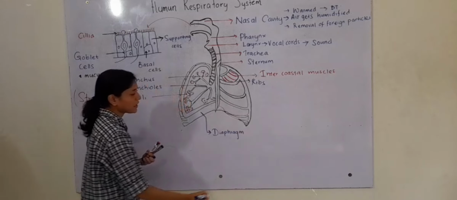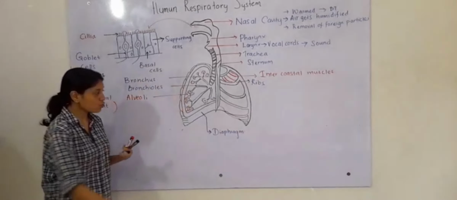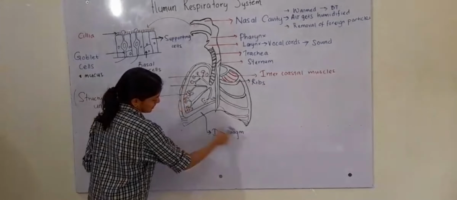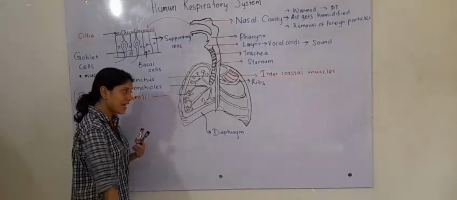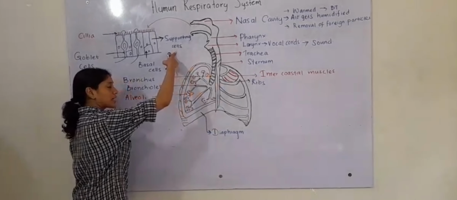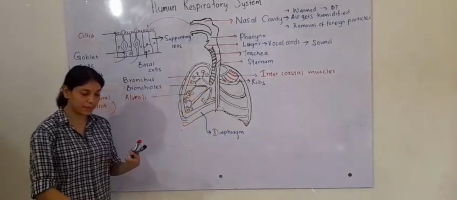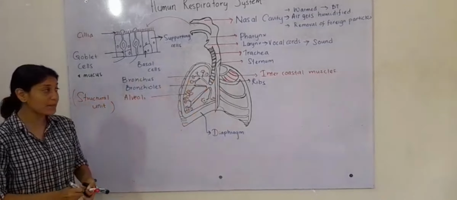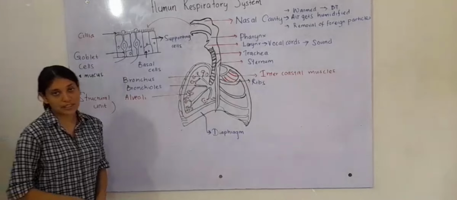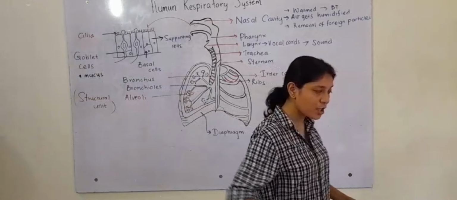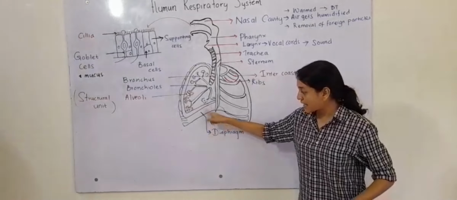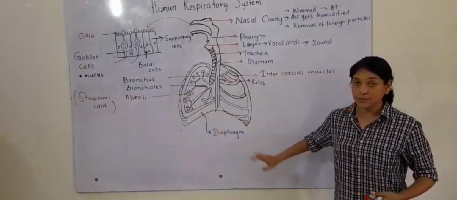This is also another important structure. Your diaphragm is a skeletal muscle, and this is going to divide your thoracic cavity from your abdominal cavity, people. It acts as a mechanical barrier between the thoracic cavity and your abdominal cavity. The thoracic cavity is the top part and your abdominal cavity is the lower part.